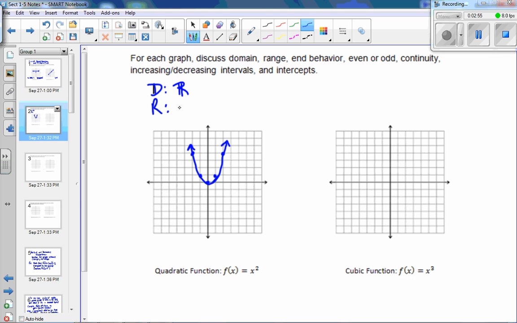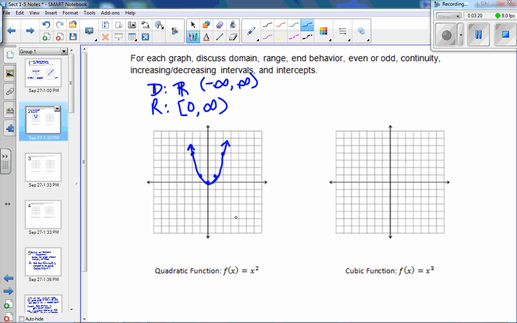I'm going to write it this way, with a bracket on this side. We want to include 0, and we want to go to infinity. So this is interval notation that we can use. I could have used interval notation here too, negative infinity to infinity. So that's the domain and range.